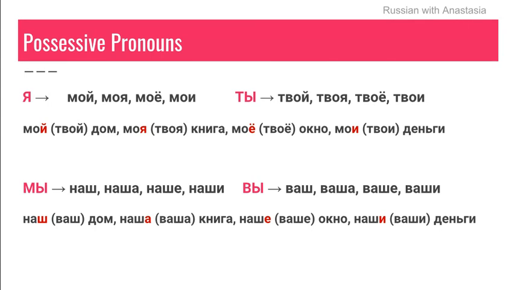Our book or your book. Наше, ваше, окно. Neuter noun, окно, window. Наши, ваши, деньги. Деньги is plural, so наши and ваши are in plural form too.